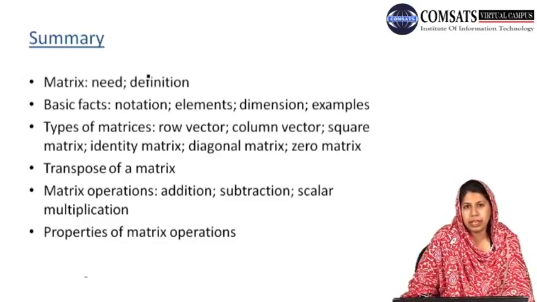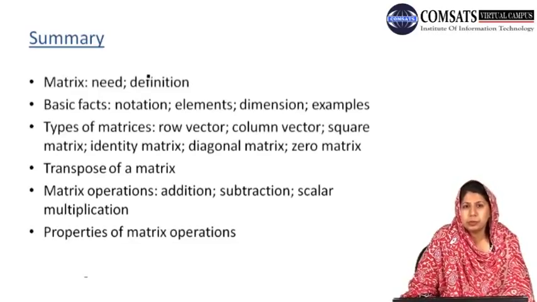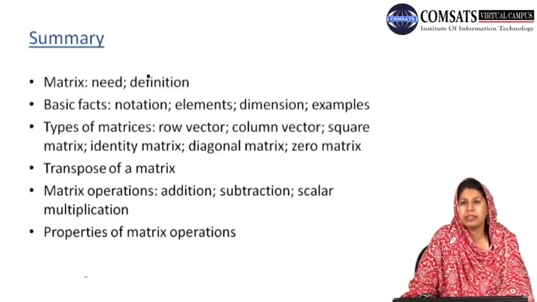Then we studied the special types of matrices, which mainly include the row matrix, zero matrix, square matrix, identity matrix, and the diagonal matrix with diagonal entries. Then we studied the transpose of a matrix and how we can take it. Then we saw what we mean by adding two matrices, subtracting two matrices, and taking the scalar multiple of a matrix, and what their basic properties are. With this we end our today's lecture.